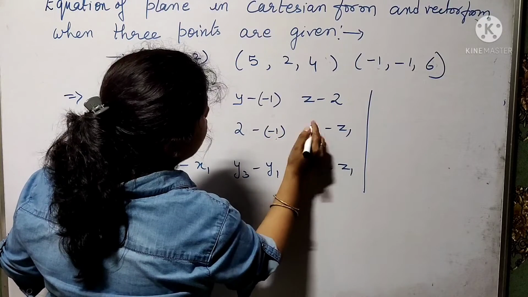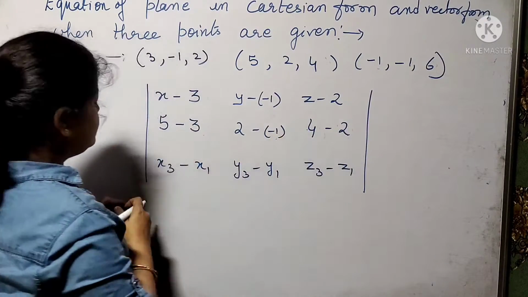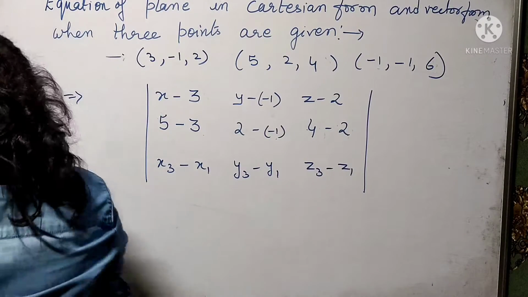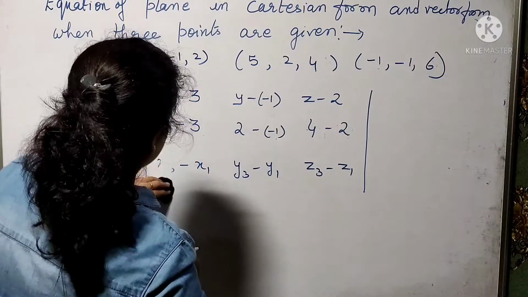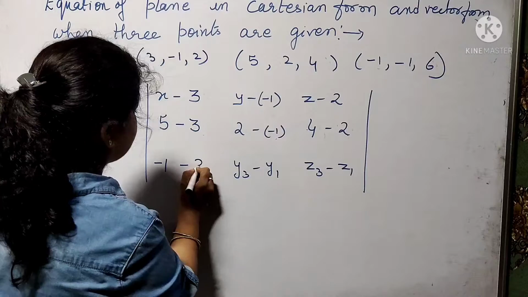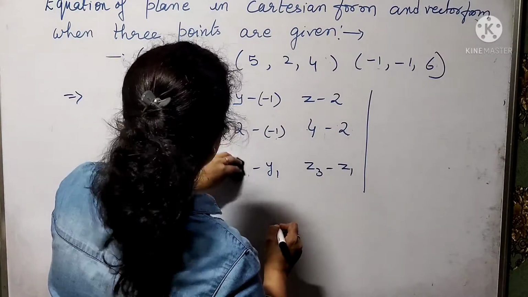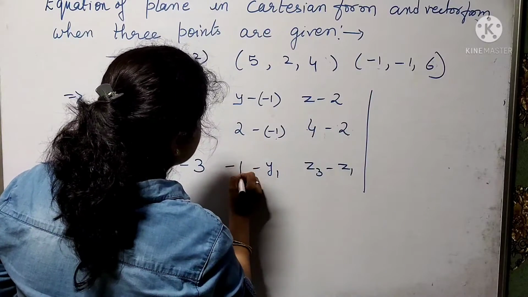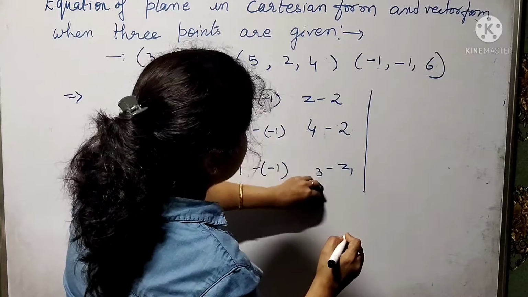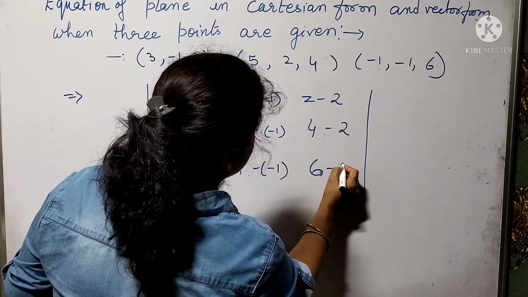Similarly 4 minus 2. Now x3, what is the value of x3? The value of x3 is minus 1, minus 3. Similarly for y3 we have minus 1, y1 that is minus 1. Now z3 we have 6 and z1 we have 2.